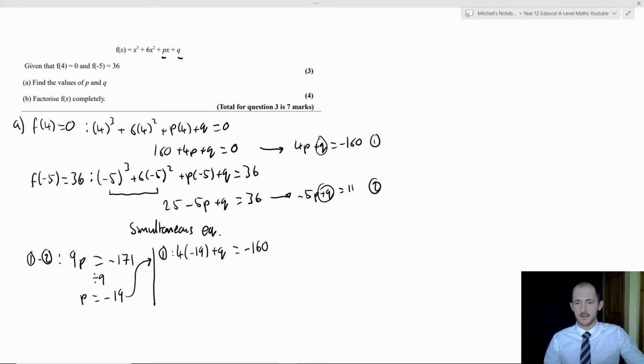So 4 times minus 19 would be minus 76 plus q equals negative 160. So q is equal to minus 160 plus 76, which is negative 84. And that is our answer for part A.